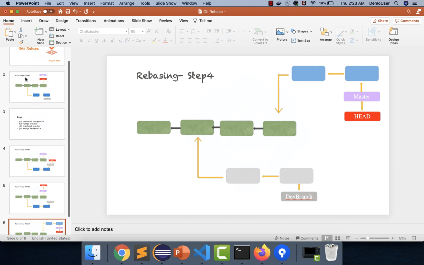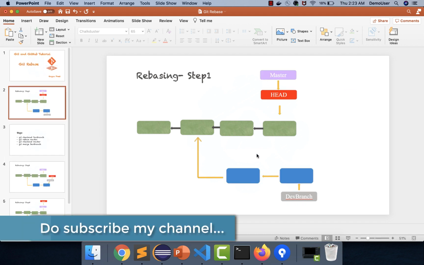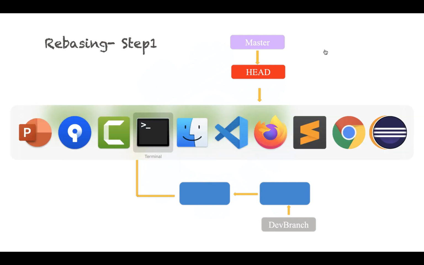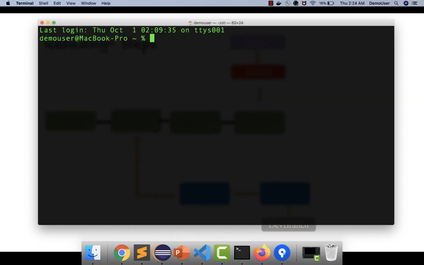So now we'll try to do one thing. We'll try to recreate this particular commit series in our local repository. So I'll open my terminal and I will go to my desktop and create one directory. Quickly I will do it.